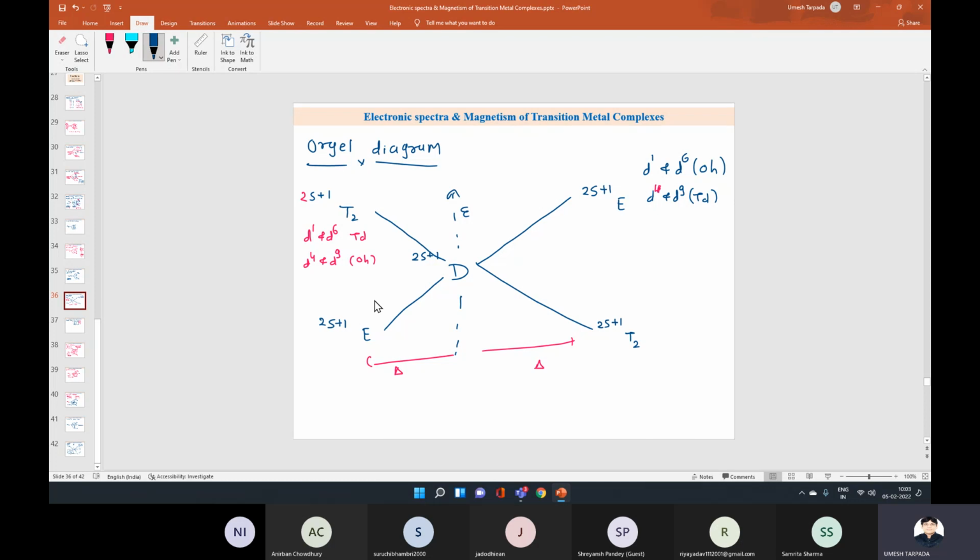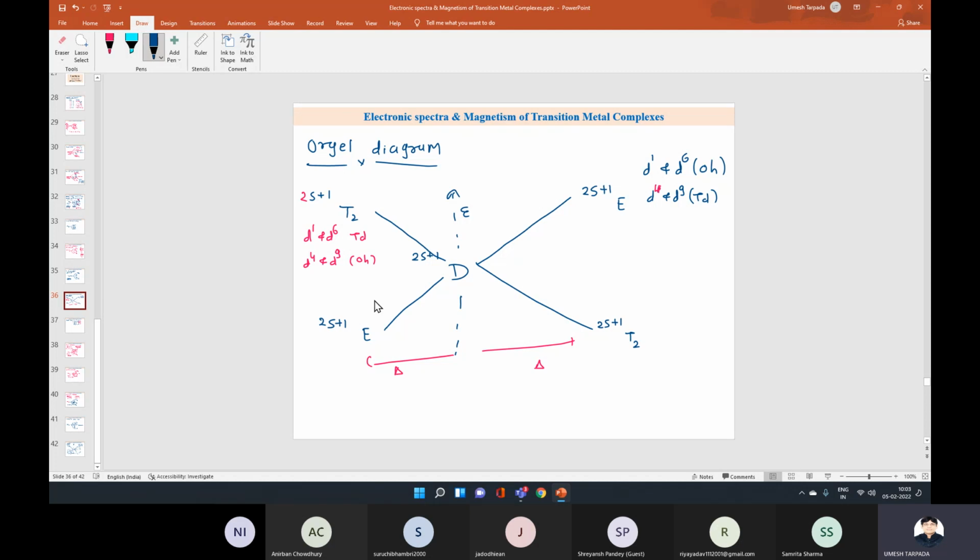And tomorrow we are going to take a different system and draw a detailed diagram. Also write down the allowed transitions from the diagram, and from the transitions we will try to calculate different values, that is the 10 dq value.